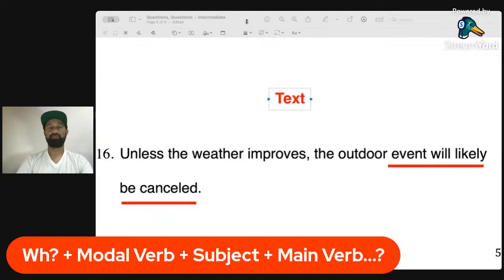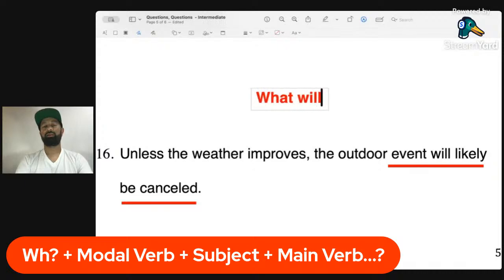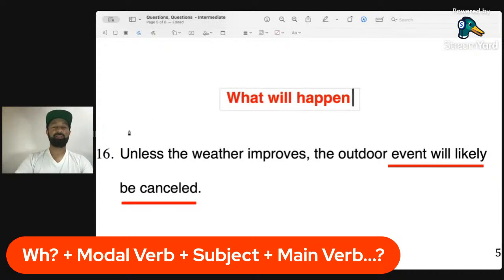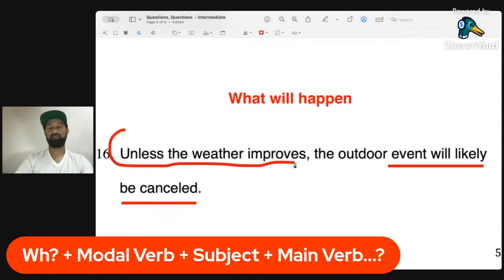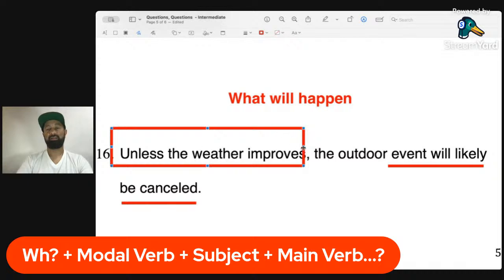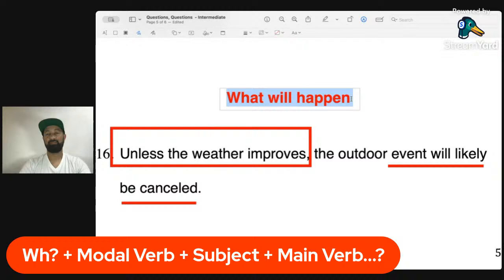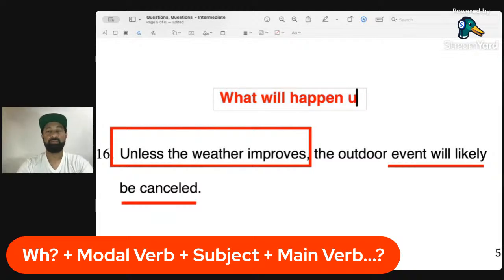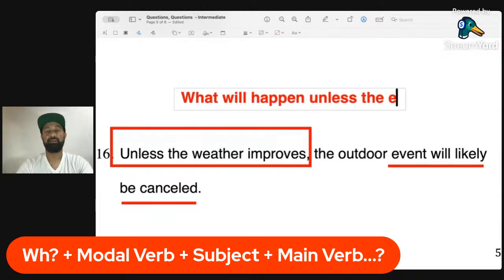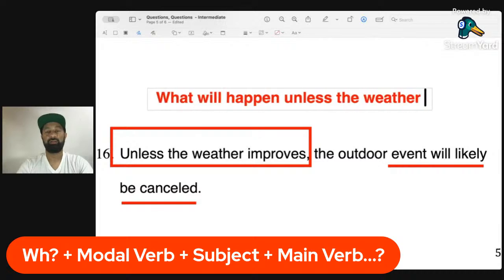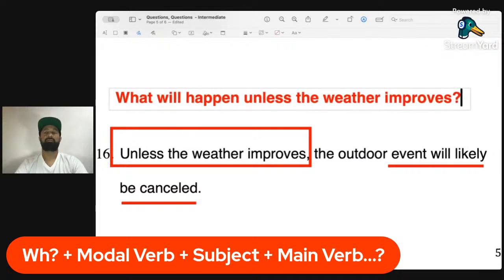That's what I would use. All right. What will happen? And then I'll be using this: what will happen unless the weather improves? Well, unless the weather improves, the outdoor event will likely be canceled.